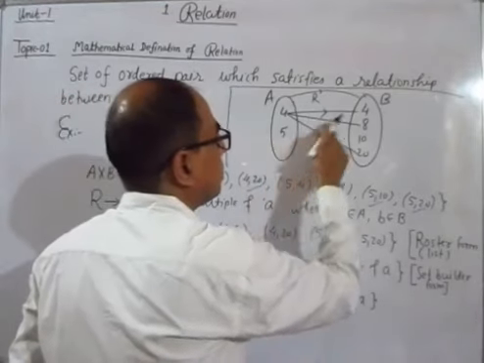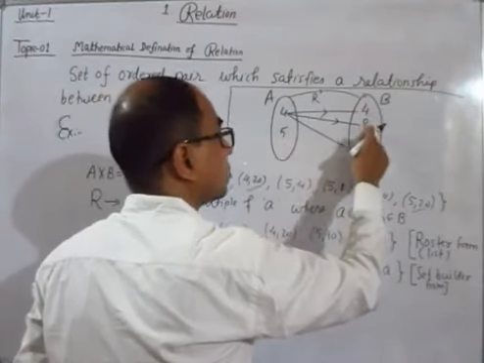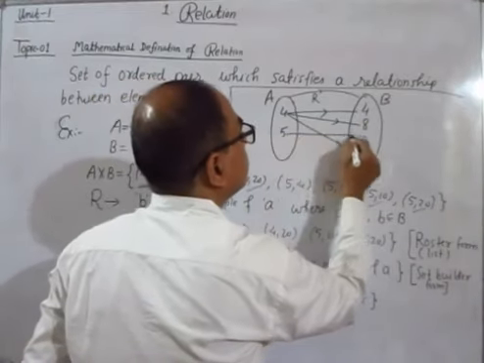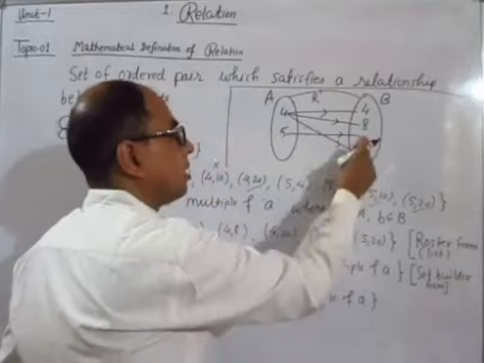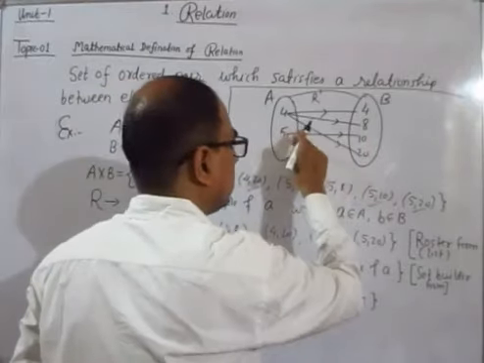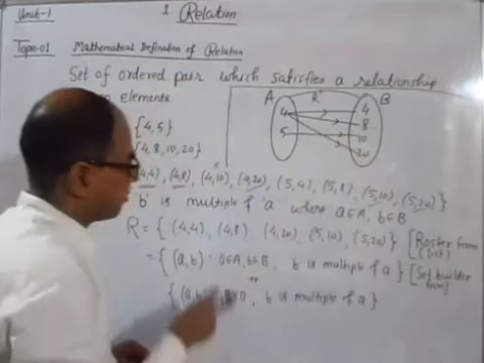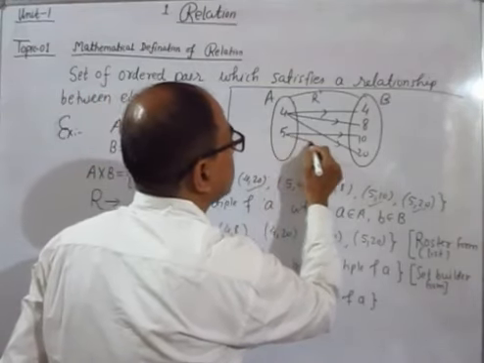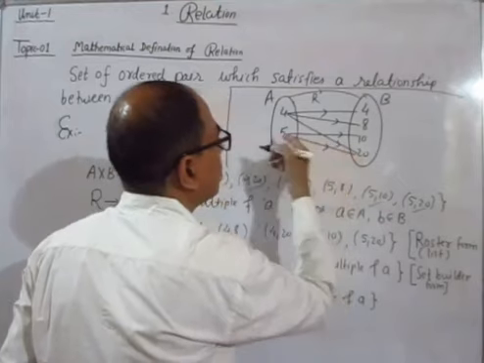So 5 is not related with 8 also because 8 is not a multiple of 5. 5 is related with 10 because 10 is a multiple of 5. So these two elements satisfy this relationship. 5 is related with 20 because 20 is a multiple of 5.